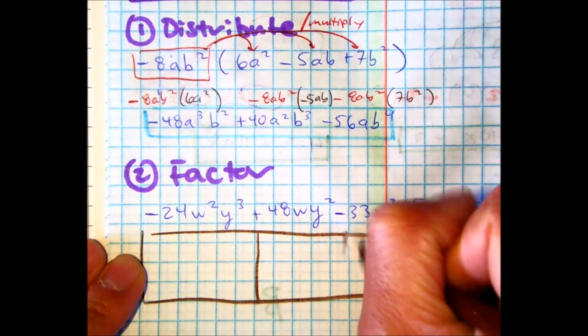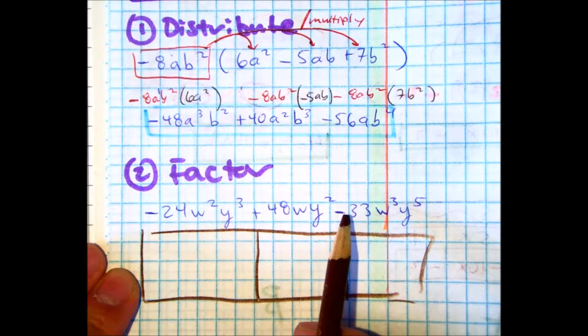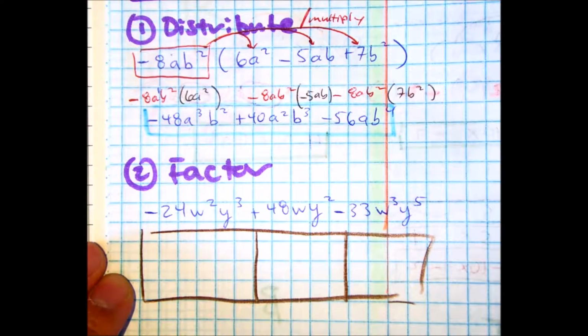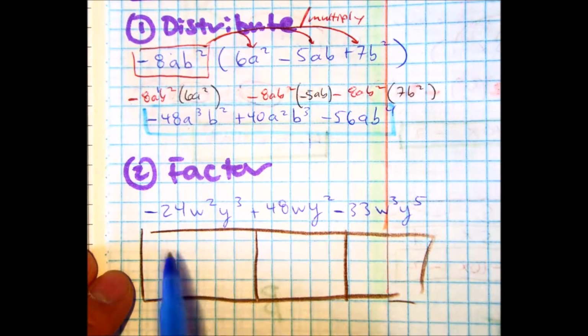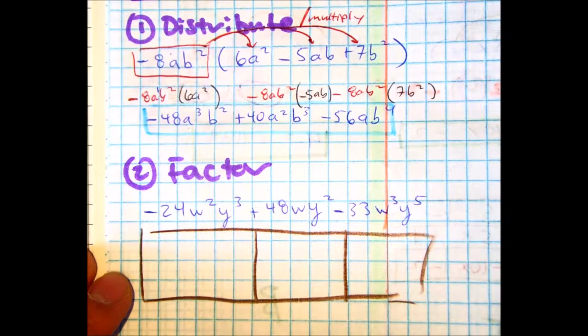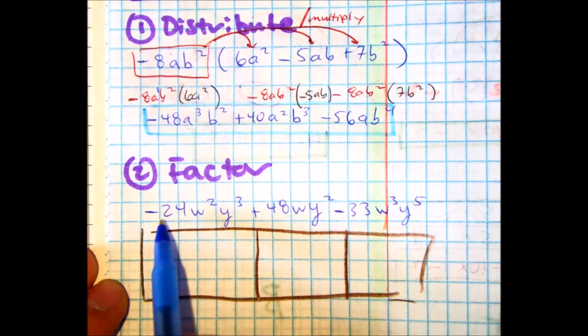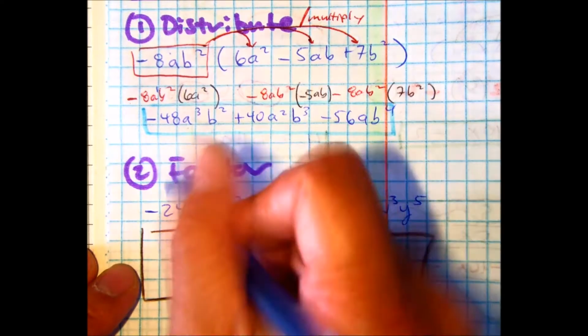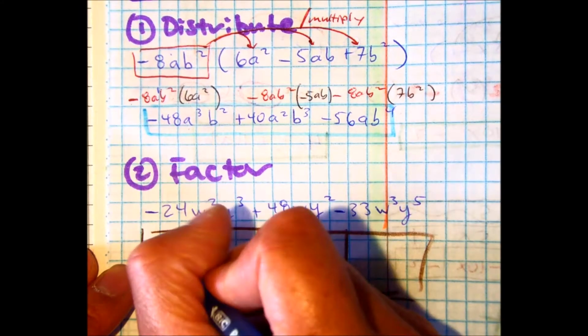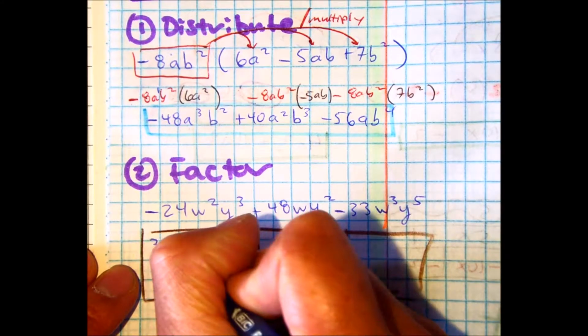I'm going to separate it based off of the addition and subtraction signs. And what I'm going to do now is I'm going to break them into their terms. So for example, I'm probably going to choose 3 times a negative 8.